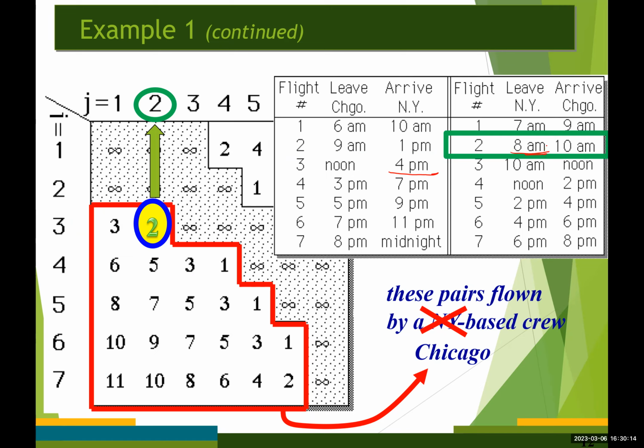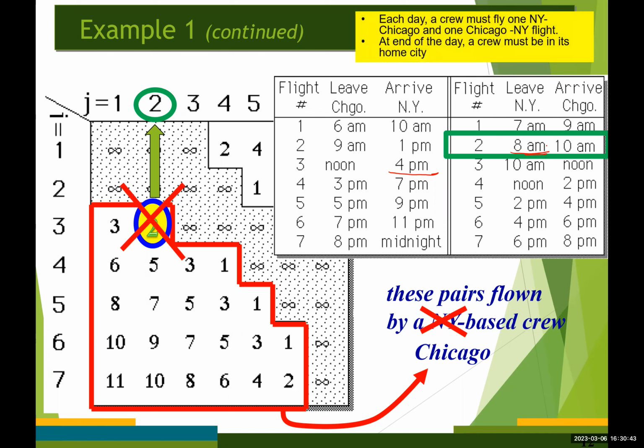And actually this violates one of the given restrictions. What is that? According to the problem description, each day a crew must fly one New York to Chicago and one Chicago to New York flight. It also violates another restriction, that at the end of the day the crew must be in his home city. Is that correct? So this value cannot be obtained.